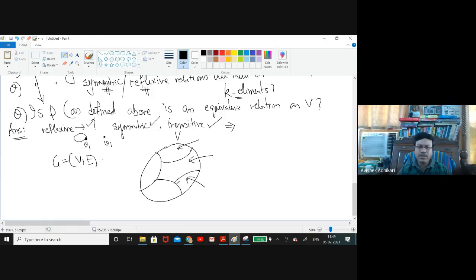Yes, they are nothing but the maximal connected components, so they are called components.